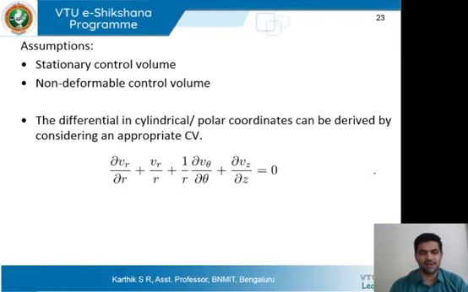I have not derived it, so you can get the derivation in the book by Professor S.K. Som. The detailed derivation is provided in that book, so I urge you to refer to it in case you require the proof. So this is the differential equation for cylindrical or polar coordinates for mass conservation.